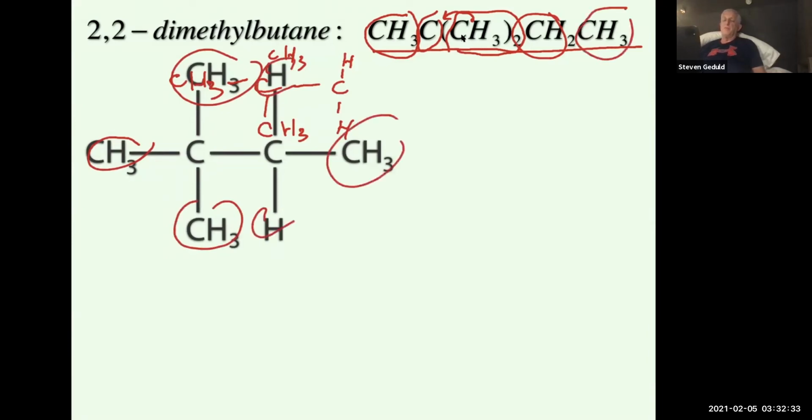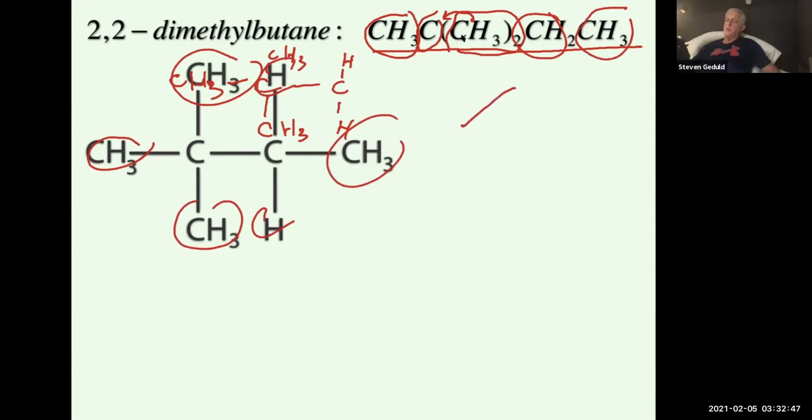Our line formula. When we draw our first line, how many carbons are we going to represent? 4 carbons. So it'd be 1, 2, 3, 4. And so there's your CH3. At your second carbon, there's going to be 2 CH3s attached. There's 1 CH3, there's a second CH3.